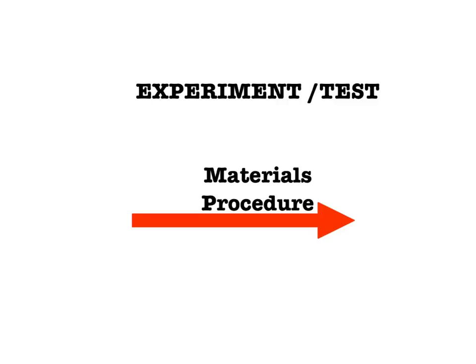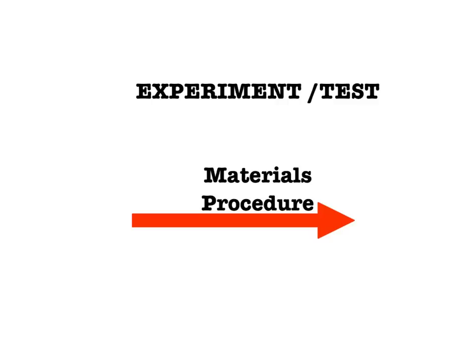Now, when we talk about experiment, we first need to think about what we're going to test and what we are going to measure in the experiment. Also, very important, what are the control variables? How are we going to make this a fair experiment?